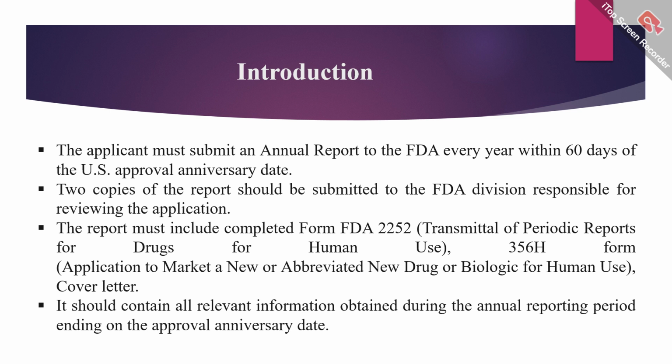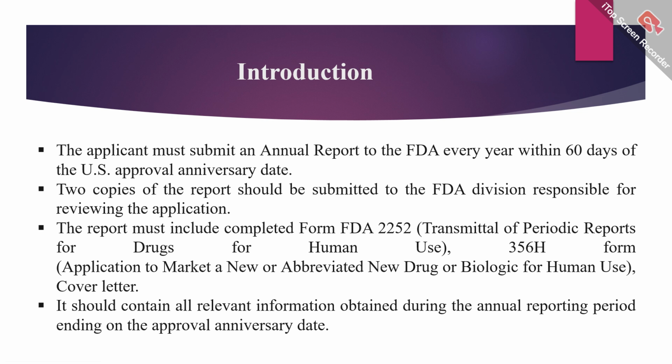Next, do you understand now? If I got approval on June 20, 2025, then we have to submit the annual report for the period June 20, 2025 to June 19, 2026. After the cutoff date ends, within 60 days we have to submit.